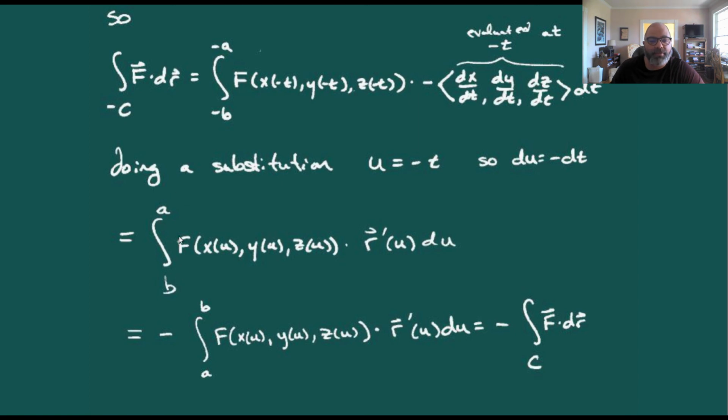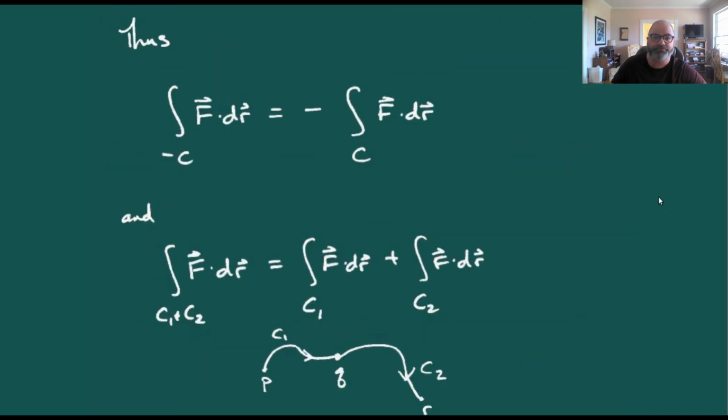If we want to reverse that integration, that's going to give us a negative sign for our integral from a to b of this expression, which is just our usual integration for our original curve C, now with this negative sign introduced.